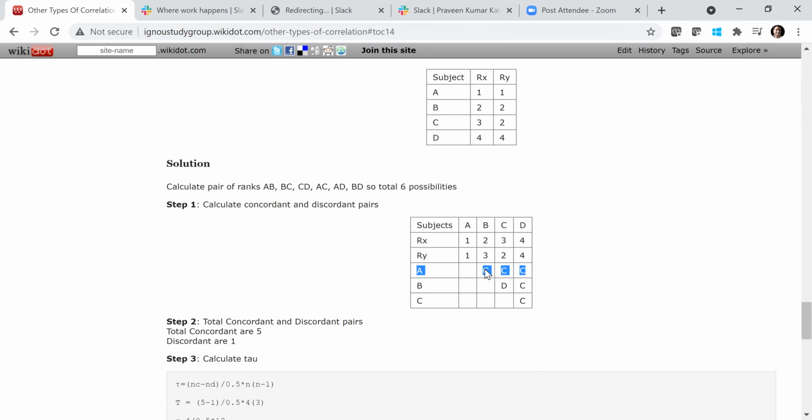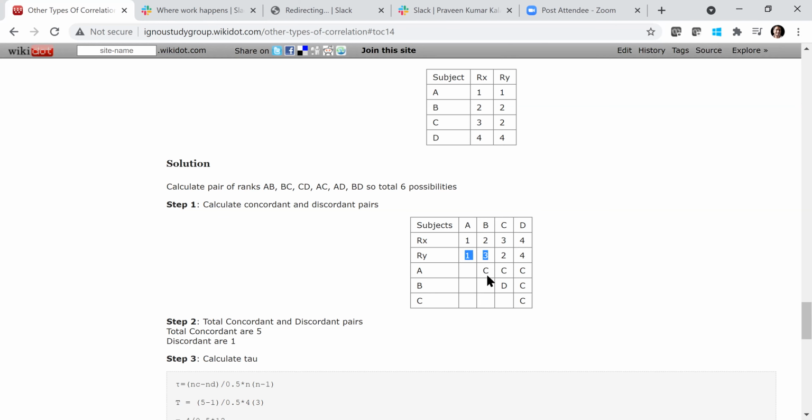If there is no actual growth as well, it is concordant. So if it is in the same direction, you have 1 2 and 1 3, it is in the same direction, right? So it is concordant. When I see A and B's relation, it is concordant.